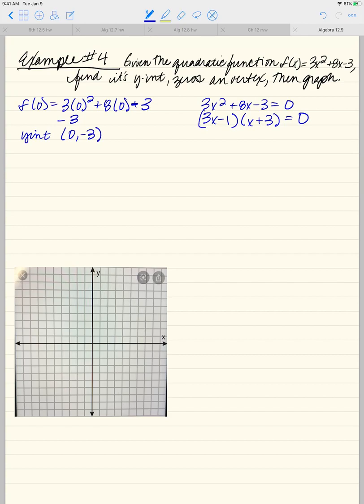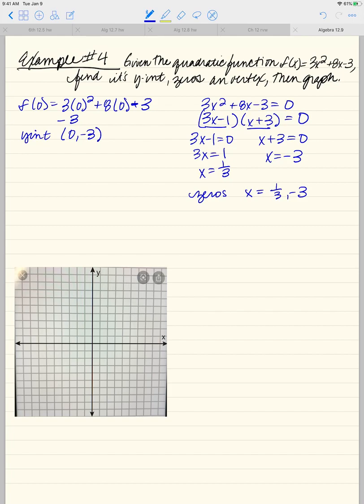Okay, set each of these statements within the parentheses equal to 0. So 3x minus 1 equals 0, or x plus 3 equals 0. 3x is equal to 1. x is equal to 1/3, or x is equal to negative 3. So our zeros are x is equal to 1/3 and negative 3.